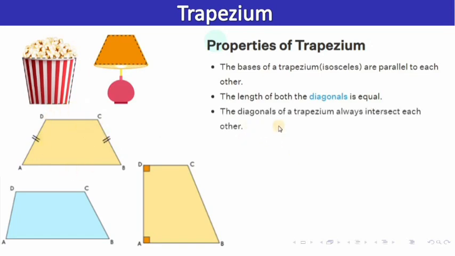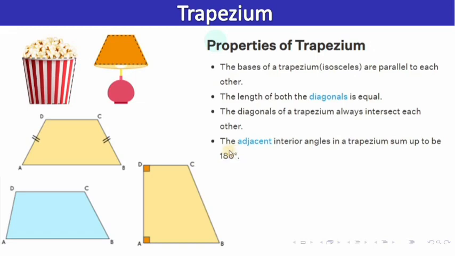The next property is that the diagonals of a trapezium always intersect each other. That's definitely right. When you draw the diagonals, they will intersect at some point. Next, the adjacent interior angles in a trapezium sum up to 180 degrees. Sometimes they will call you supplementary also.